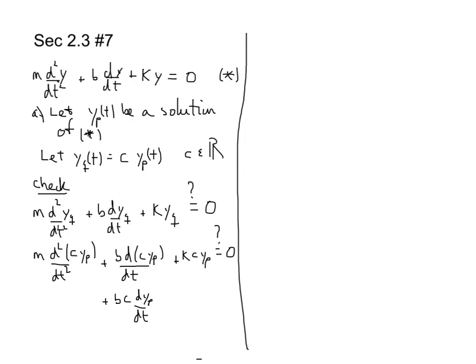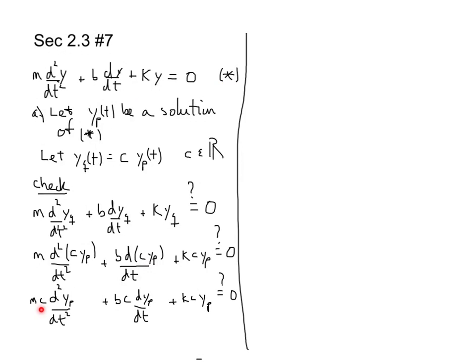And so I can write this as m c times the second derivative of y sub p with respect to t. And here I've got my k c y sub p. I'm still testing if that's equal to 0.